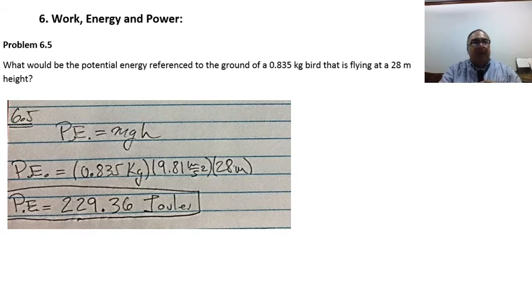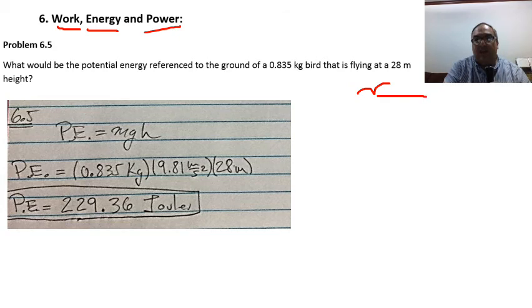Here we have, what would be the potential energy? This is about not only work, but energy. We already talked about power, right? So what would be the potential energy in reference to the ground of a bird here, at a height of 28 meters.